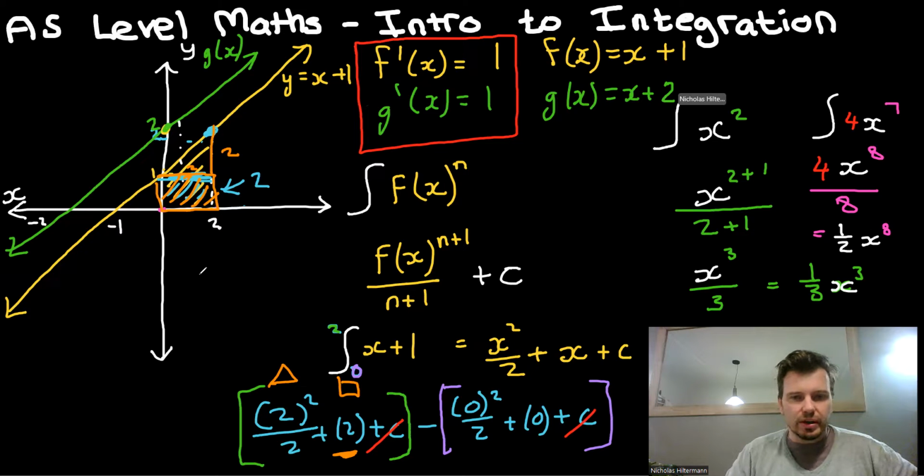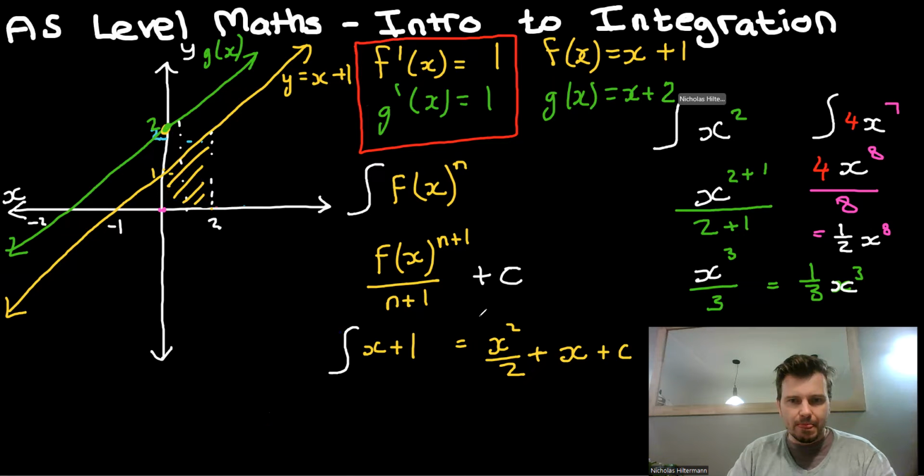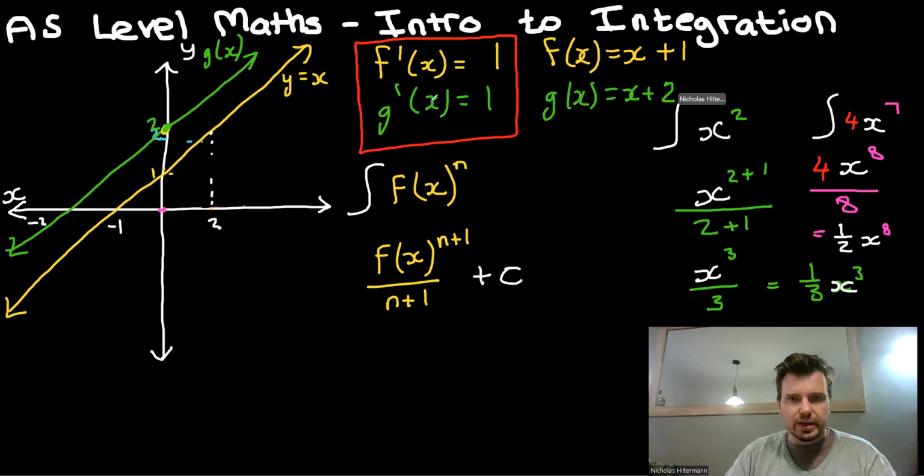So let's do one more. Let's do it for this green graph. Okay, so we'll go all the way back to the beginning, and we'll do the integral of the green graph. The green graph is g of x equals x plus 2.